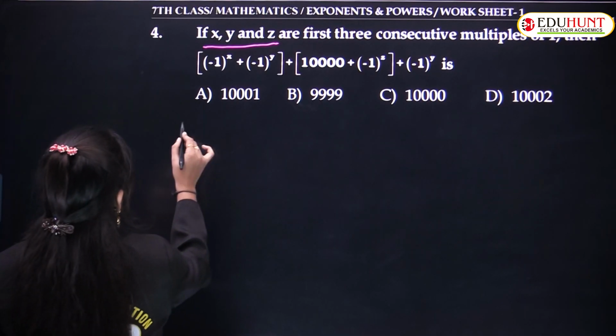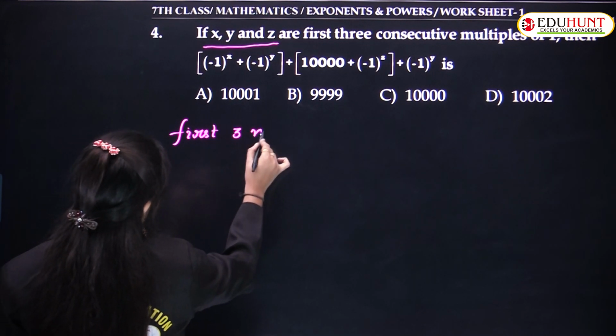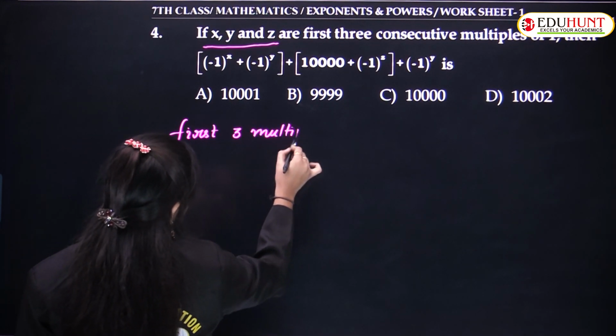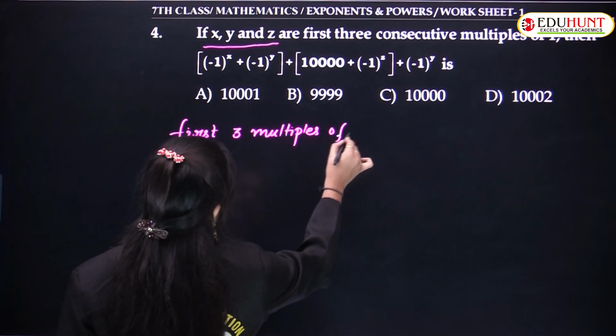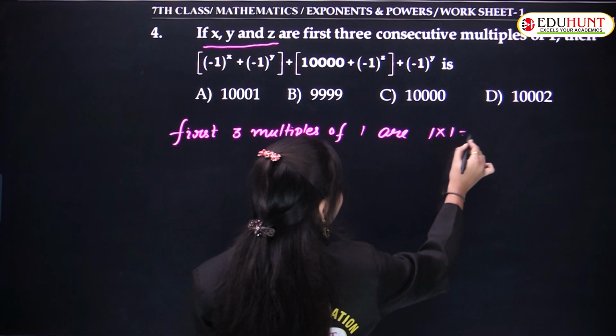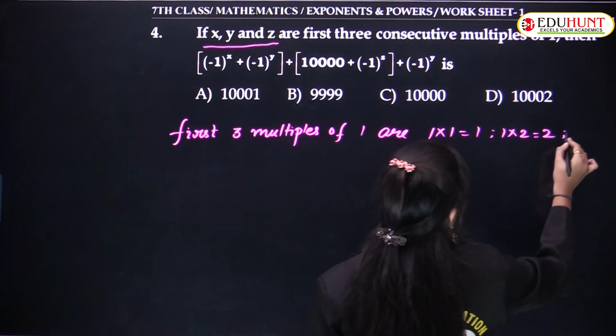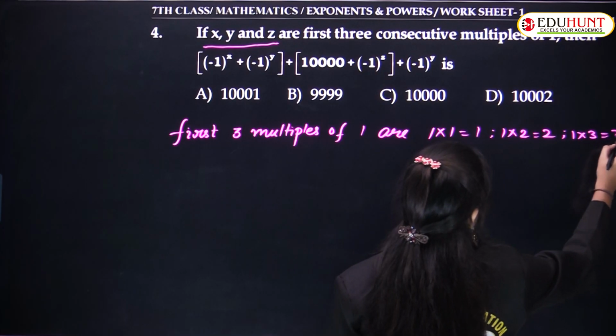Now see here, the first 3 multiples of 1: 1 into 1 is equal to 1, 1 into 2 is equal to 2, 1 into 3 is equal to 3.